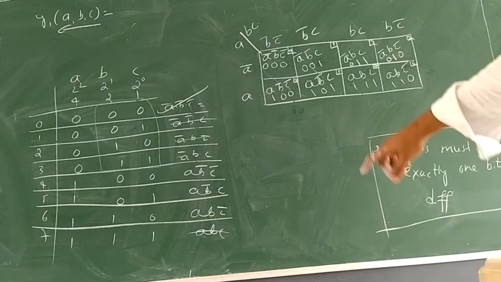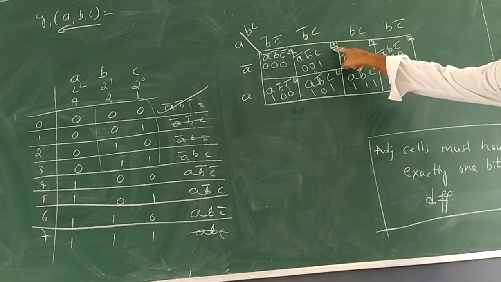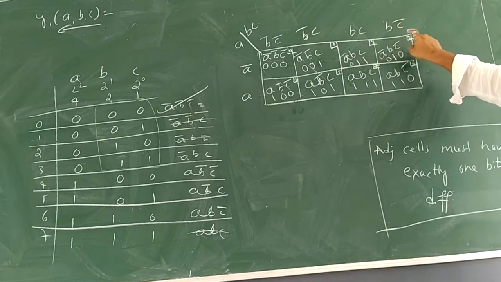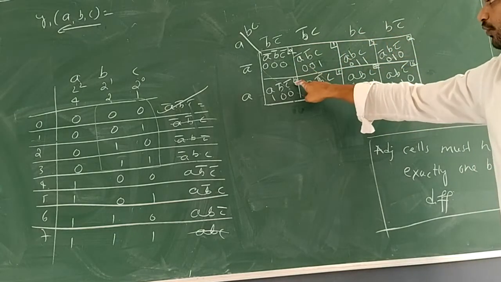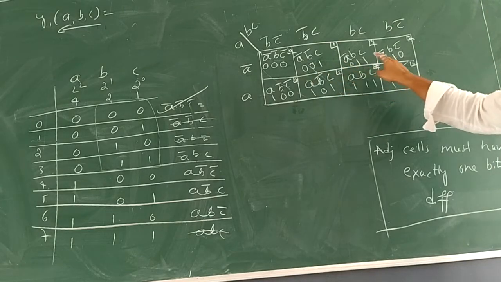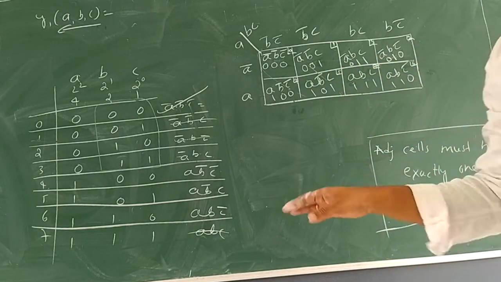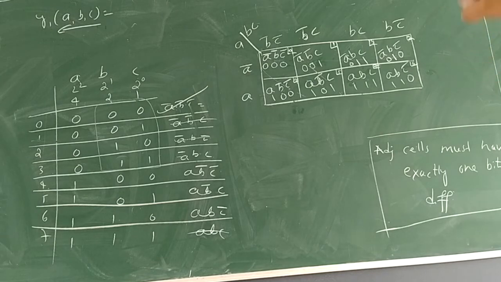So read row wise. 0th cell, first, third, second. Next row, 4th, 5th, 7th, then 6th. It is not in the order 0, 1, 2, 3, 4, 5, 6, 7. It is in the order 0, 1, 3, 2, 4, 5, 7, 6. Okay? Fine.